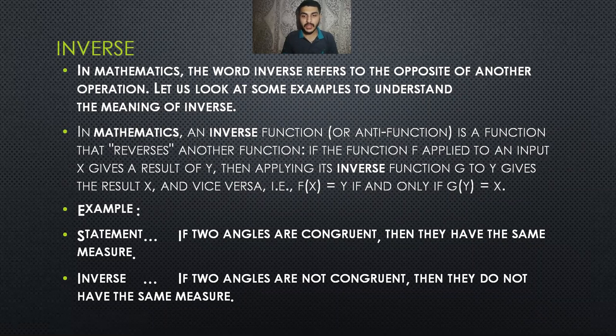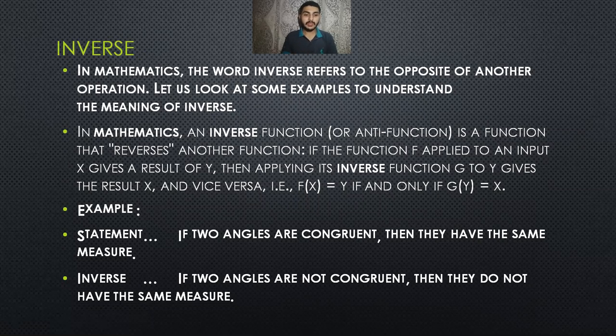If the function f applied to an input x gives the result y, then applying its inverse function g to y gives the result x, and vice versa. For example, f of x is equal to y if and only if g of y is equal to x.